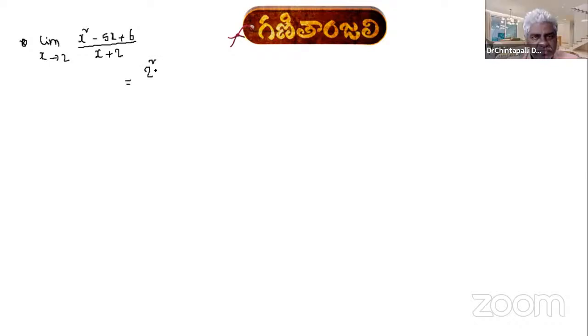2 square minus 10 plus 6 over 2 plus 2. We can go forward because it is not in the 0 by 0 form.